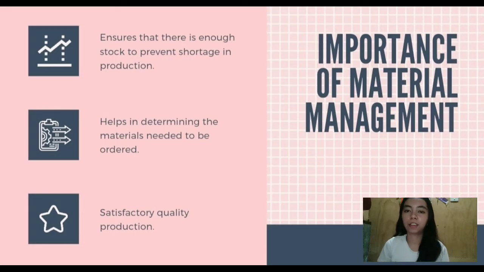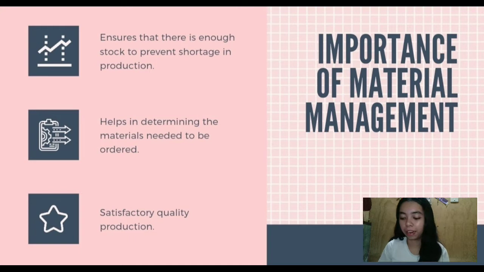Now let us discuss the importance of material management to the overall operation of the company. First, it ensures that there is enough stock to prevent shortage in production. Time is a very important factor in a company's overall operation.